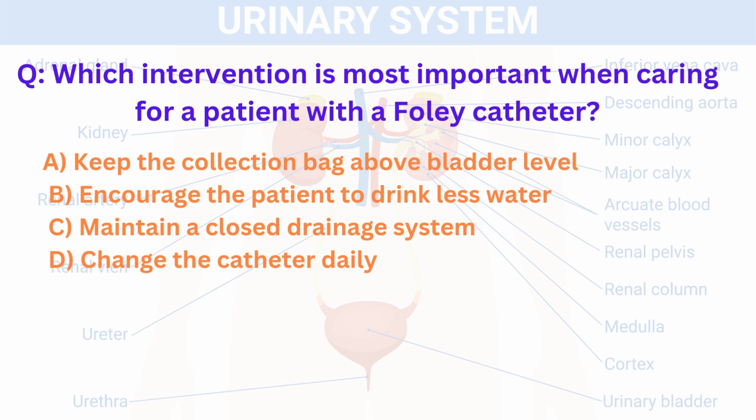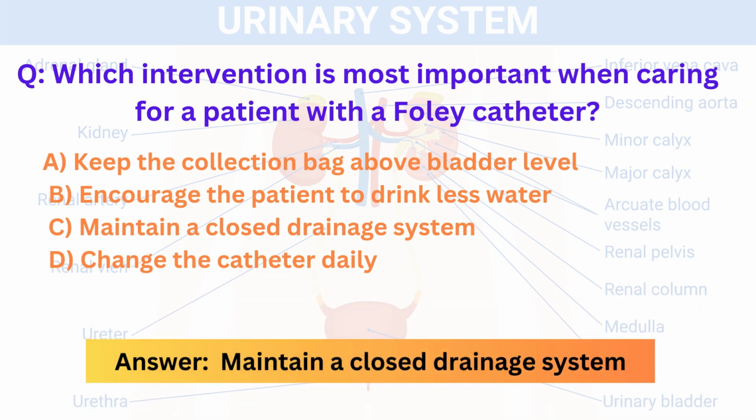Then fourth option, change the catheter daily. Catheters are usually changed only when necessary. That means when there is infection or blockage, they are not changed on a daily basis. Hence here the correct answer is maintain a closed drainage system.